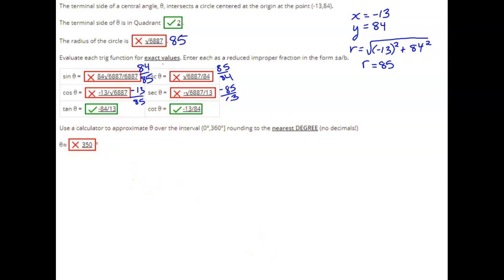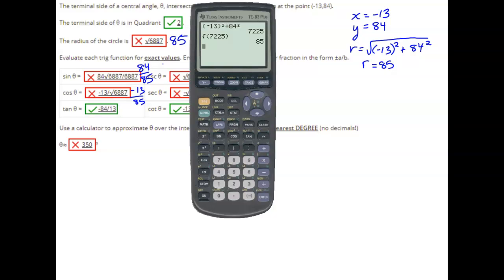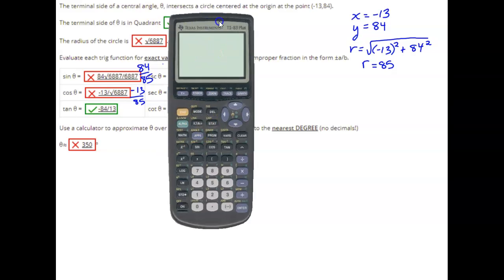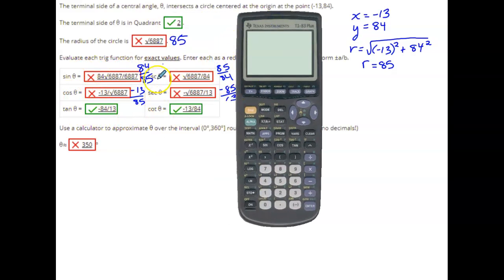Then to use a calculator to approximate the angle, we need to make sure that we're in degree mode, since the units here are degrees. And then we can pick any of these trig functions, sine, cosine, or tangent. I'll go ahead and do the arc sine since that's listed first.